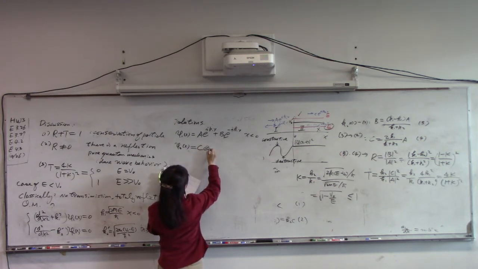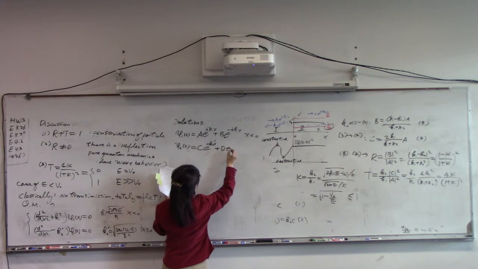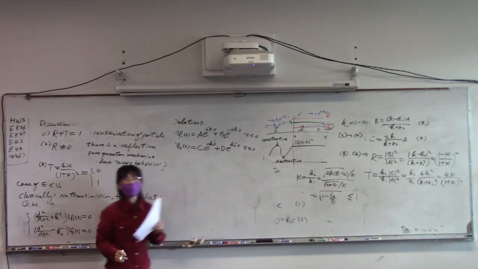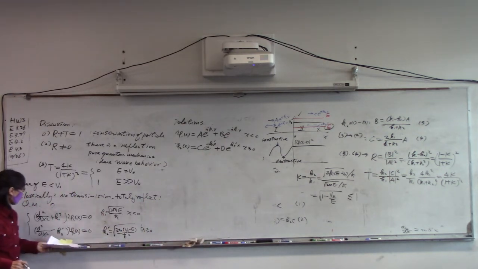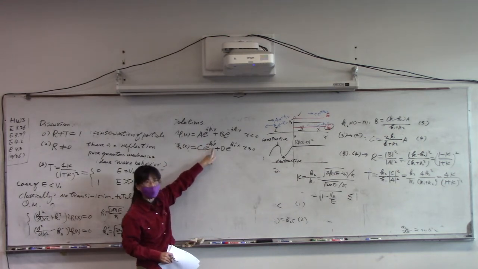Mathematically, we have c exponential minus k2 prime x plus d exponential k2 prime x. Two possibilities, right? Both satisfy this. But now, this exponential has no i, so that is a real number.